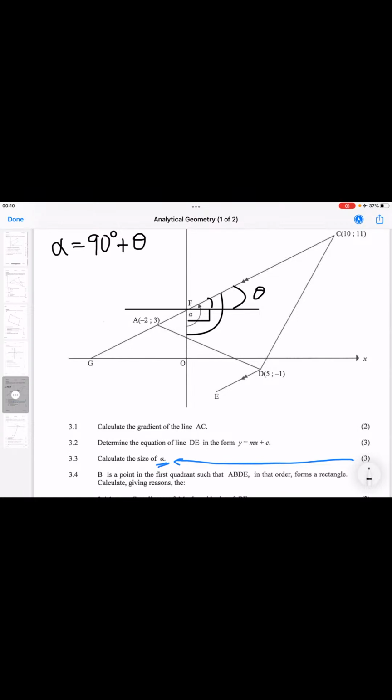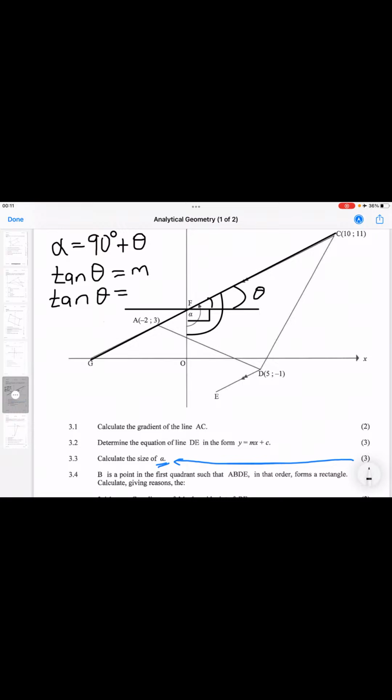Now it's a matter of how do we calculate the angle of inclination. This is where you need the formula, which says tan of the angle of inclination is equal to the gradient. Obviously, the gradient of that line. What is the gradient of that line? You did calculate it from the previous question, gradient AC. So that means you have tan of the angle equals the gradient.